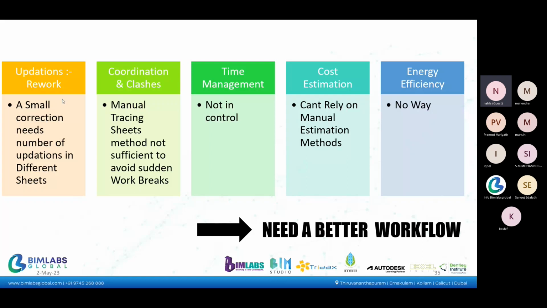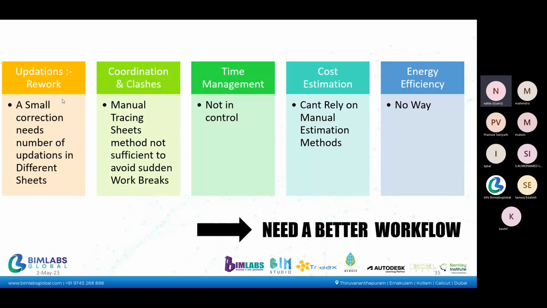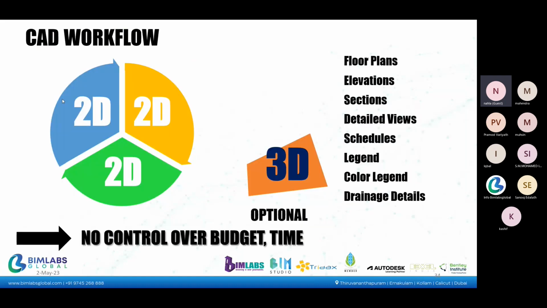Using Revit, the views I told you about, floor plans, elevation, sections, detail views, schedules, and all. In CAD, if there's any change in a particular model, that is, in the floor plans, then it has to be changed in each and every view: elevation, sections, detail views. We have to take each and every view and make that change.